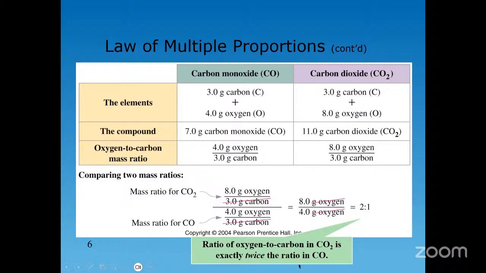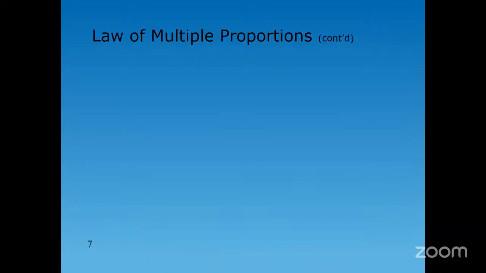The ratio of oxygen to carbon in carbon dioxide is exactly twice the ratio in carbon monoxide. And of course, that comes as no surprise because you have a subscript of 2 for oxygen in carbon dioxide, and a subscript of 1 for oxygen in carbon monoxide. So that's what that law says.